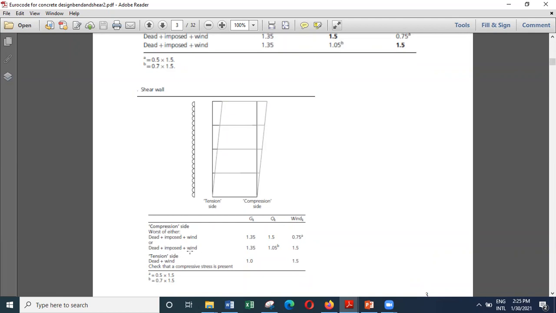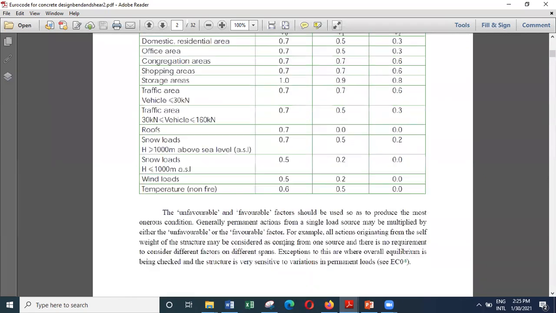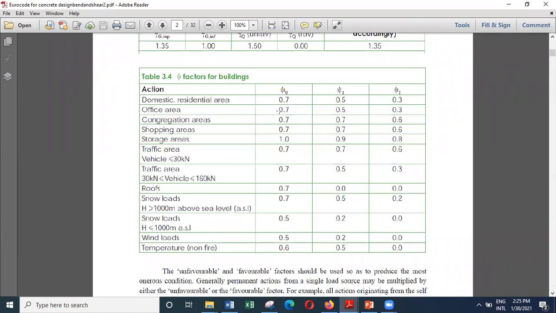And then the other combination will be dead plus impulse plus wind. Now in this case, dead and wind are at the maximum. Then impulse load becomes the secondary variable load. And for impulse load, the partial factor is 1.5 and the reduction factor phi naught is 0.7.